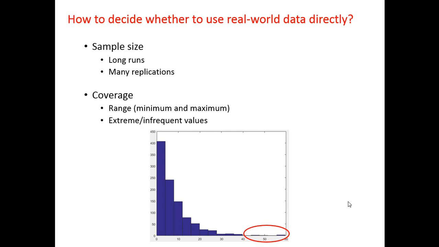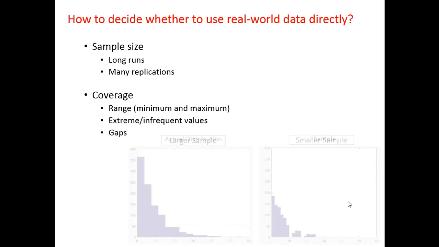Now, if you collect data from a real system, you may not be able to collect so many observations. So there is a chance that you do not have any observation from these extreme points, which means when you sample from the data that you've collected, you're never going to sample a large value like these here, which may have a significant effect on the results of your simulation experiments.